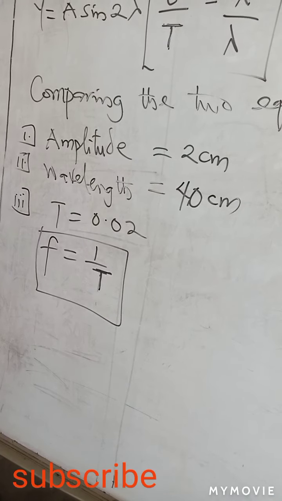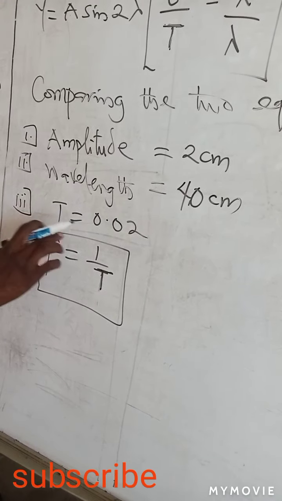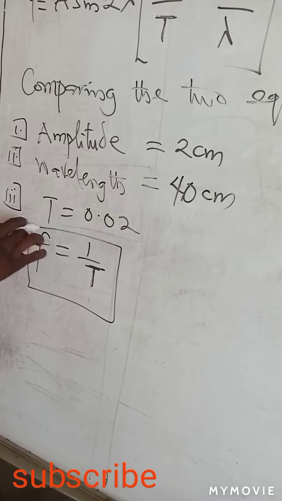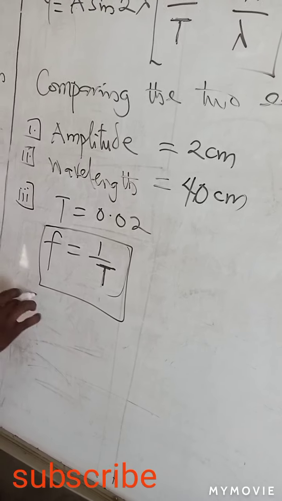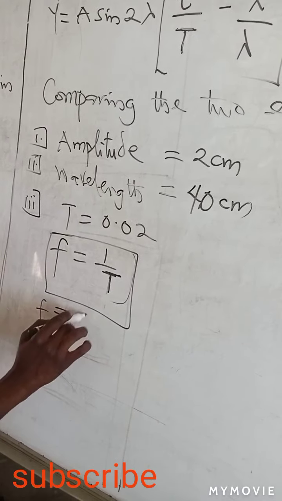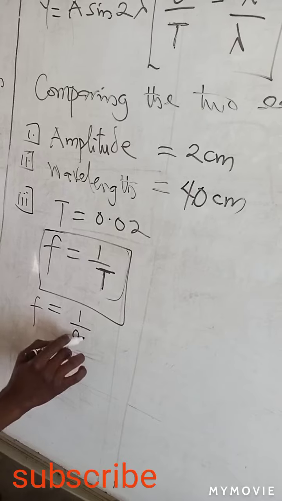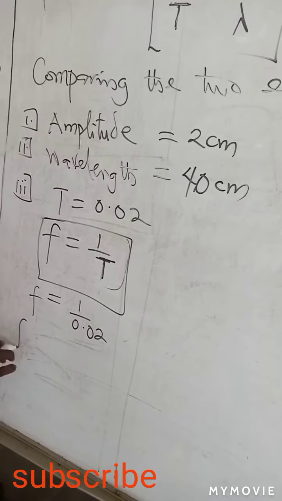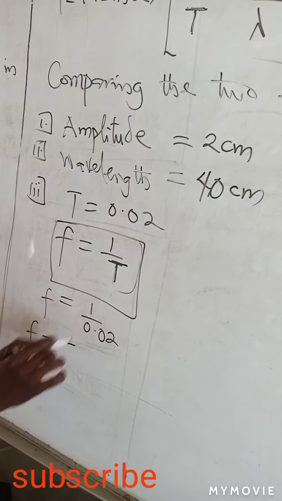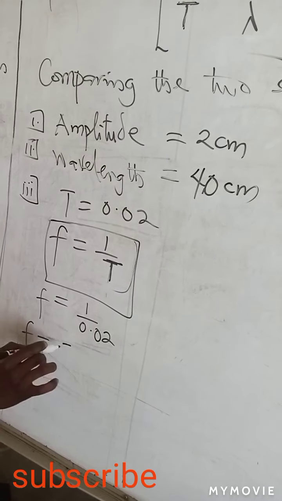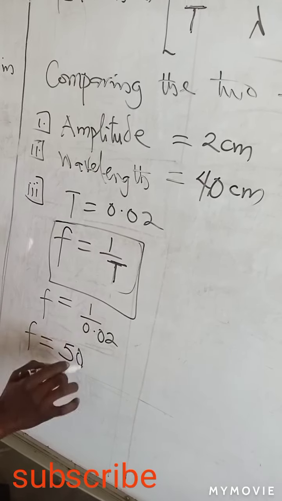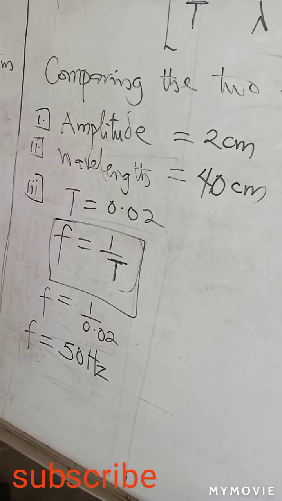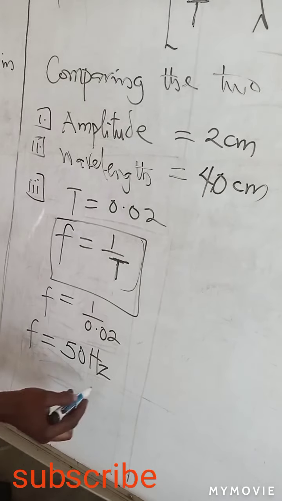If we substitute for T in this formula, F will be equal to 1 divided by 0.02, to give us 50, in hertz, which happens to be the unit of our frequency.